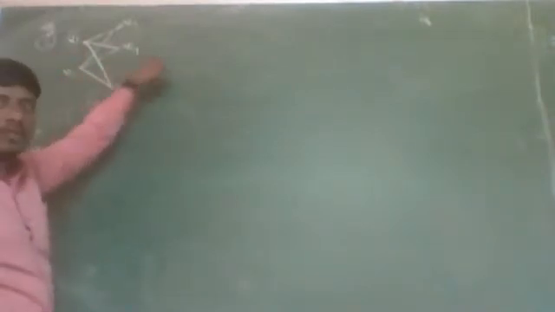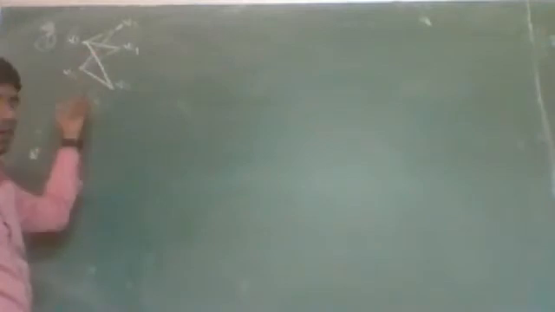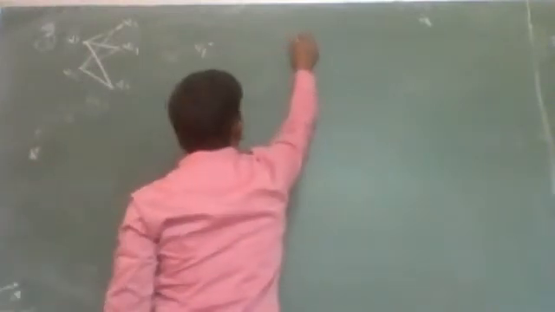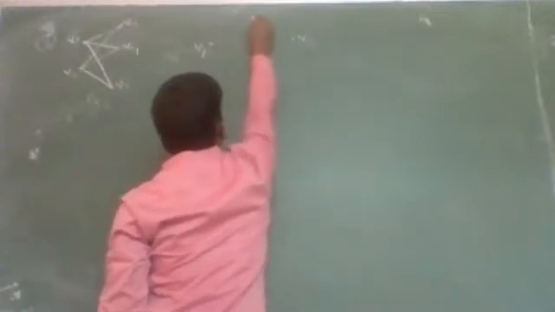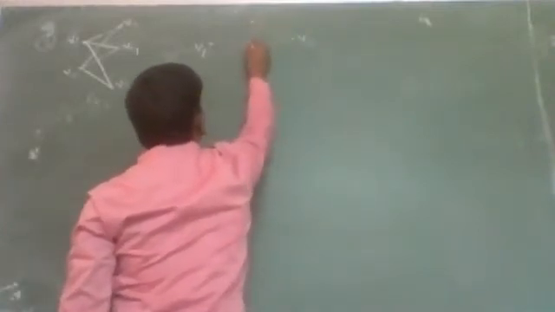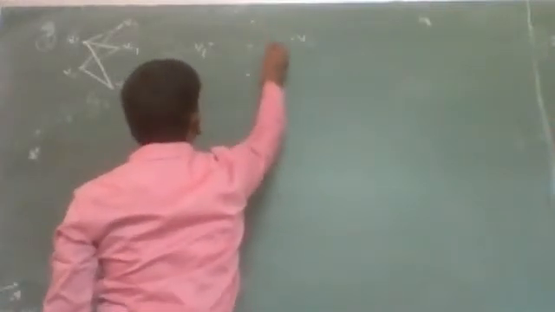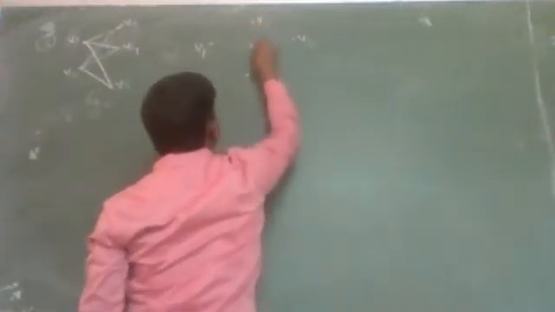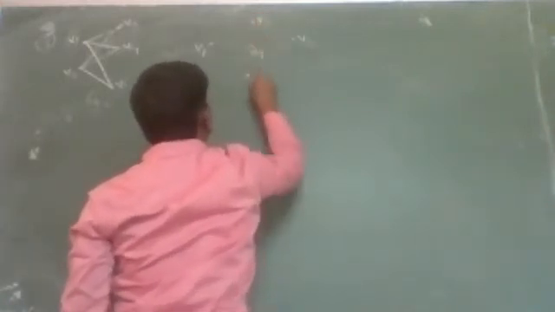Here, in this graph, again there is an edge crossing between the edges of graph G2. So we have to find out the graph which is isomorphic to graph G2. Suppose this one is the vertex V1, here is the vertex V2, V3, V4, this one is vertex V2, V4.